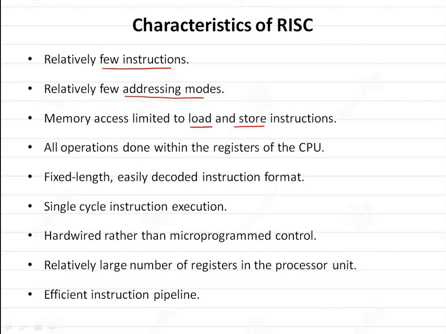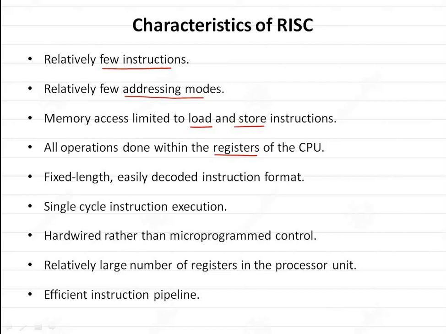We have to load the operands into the registers, and then store back into the memory. These load and store operations are frequently used, and all other operations are done within the registers of the CPU. We have to first load the data into the registers, and only then can we perform the operations. So we cannot directly access the memory just like in the CISC architecture.